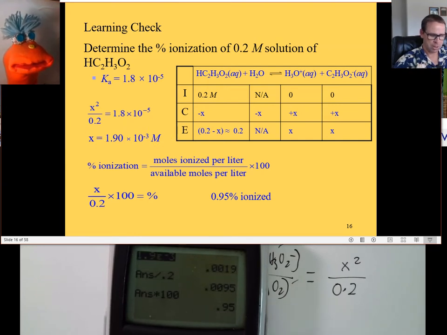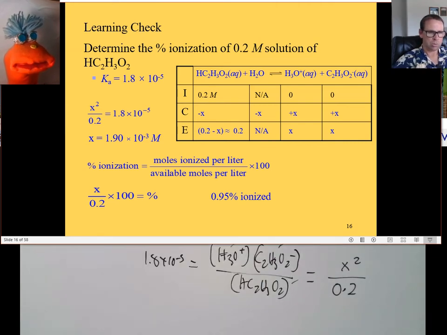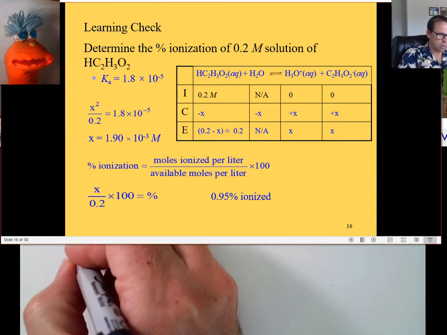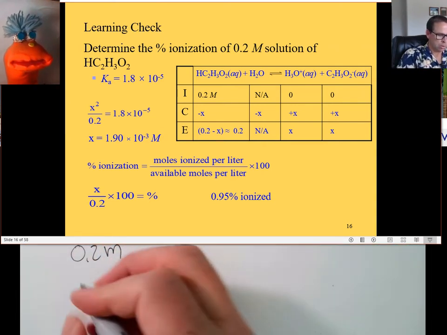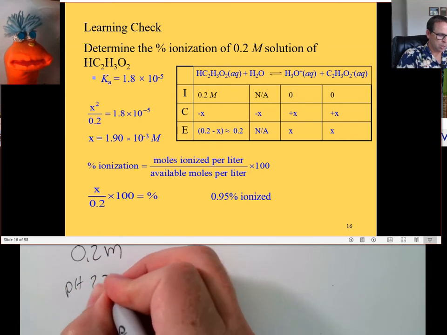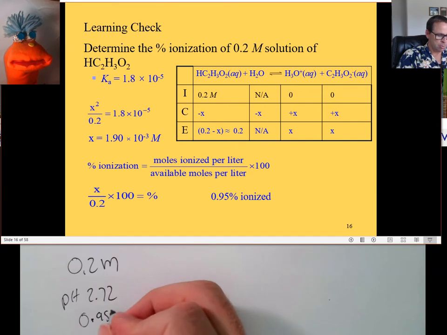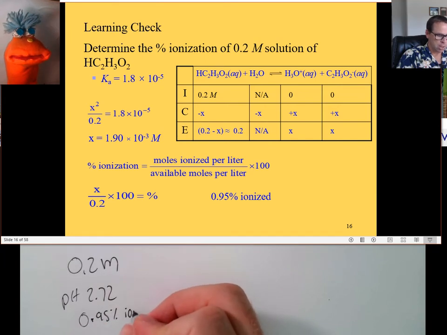So if I go up here, I'm going to get this value here, and then I'm going to take the negative log of that value, 2.72. So at a solution that is 0.2 molar, the pH is 2.72, and 0.95% actually ionized.